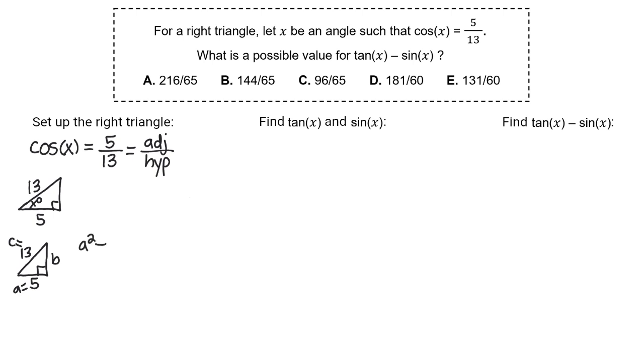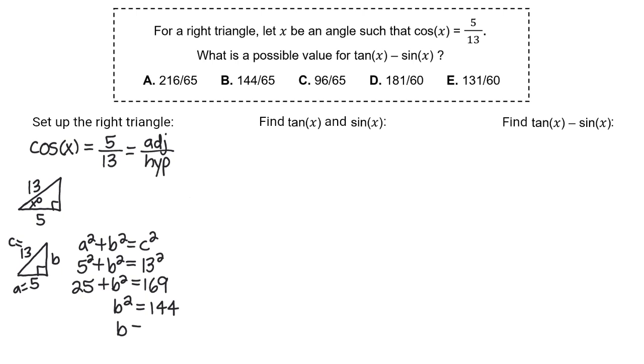And so that's going to be a squared plus b squared equals c squared. That's going to be 5 squared plus b squared equals 13 squared. That's going to give you 25 plus b squared equals 169. I can subtract 25 on both sides, and you're going to end up with b squared equaling 144.